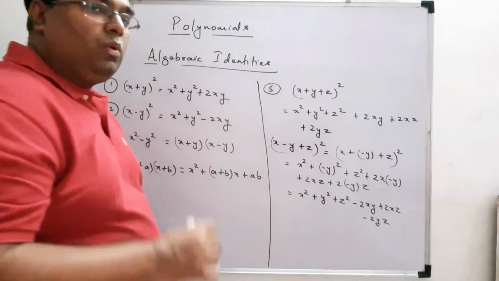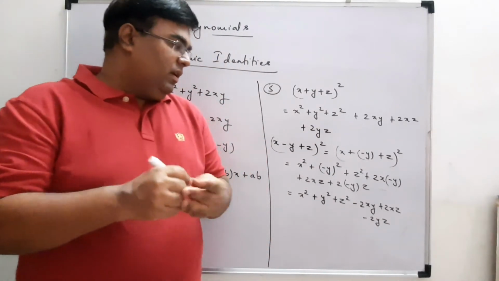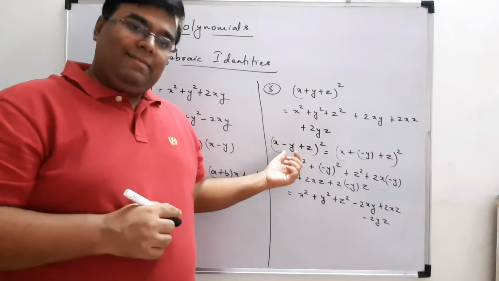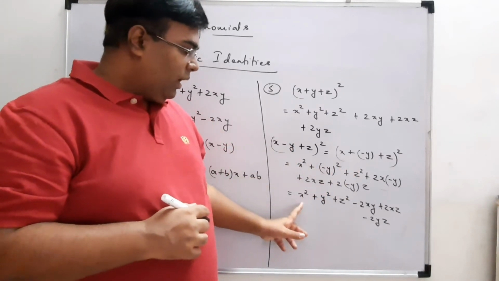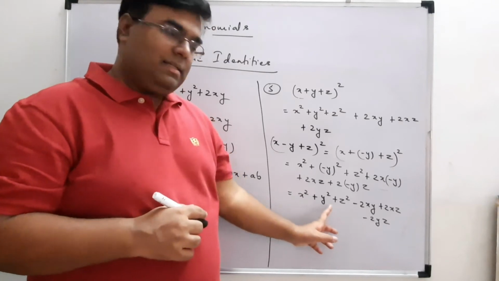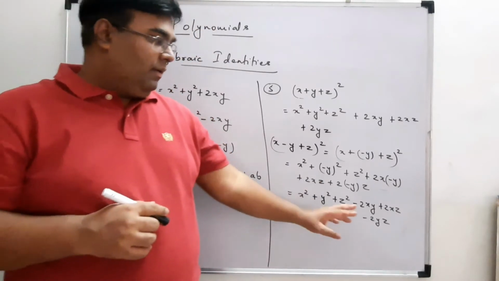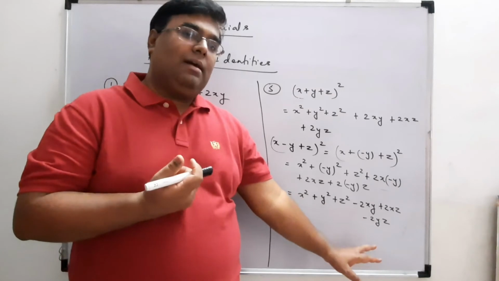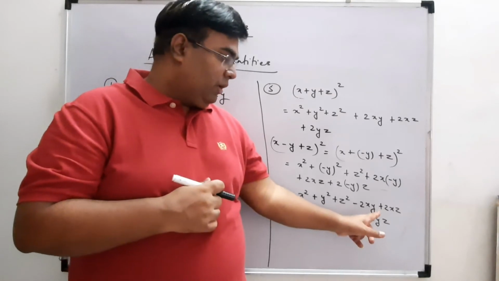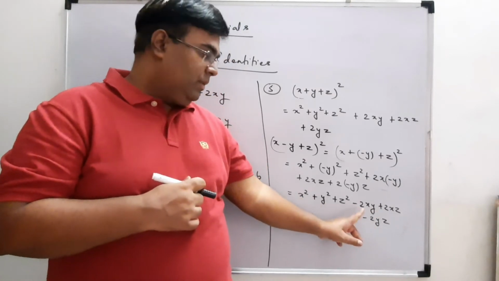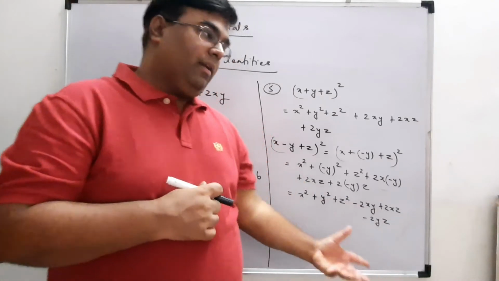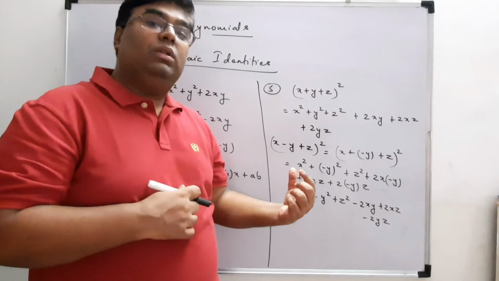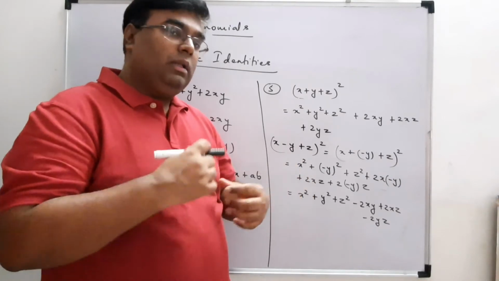Okay, so you need to notice one thing, that whenever the negative sign is there, the square term will have no effect. The square term will be as it is, right? The only difference will be where you are getting a single term y. So if you are getting y here, a minus sign will come. Suppose y and z both are negative, so we will put negative negative.